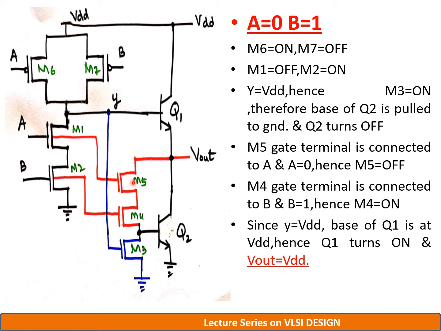Since A is 0, M5 is in off state, M4 is in on state. Since M4 is in on state, and since Y is VDD, Q1 will turn on and Vout will be pulled towards VDD, hence Vout will be logic 1.